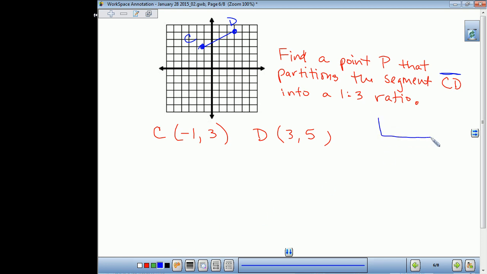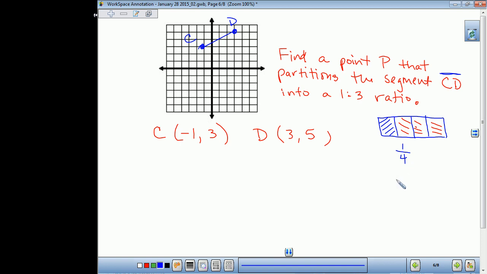So we have to think back to what we know about ratios. This is one box to 2 boxes. A 1 to 3 ratio gives us what kind of fraction? 1/4.